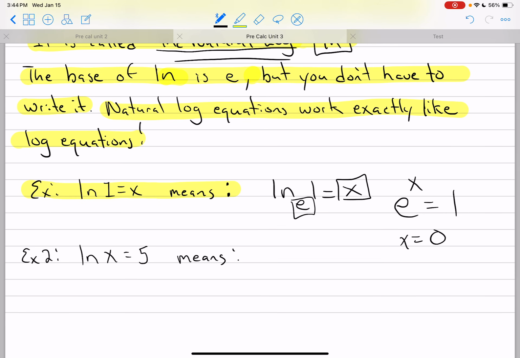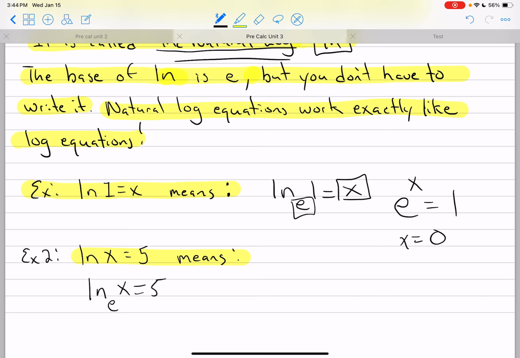So the natural log of x equals 5 is really saying the natural log base e, e to the x equals 5.